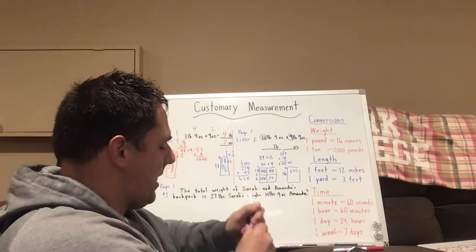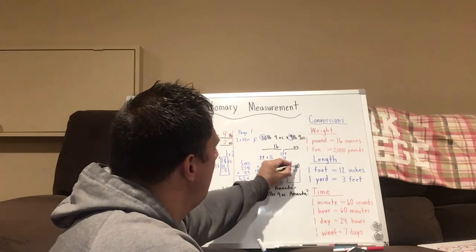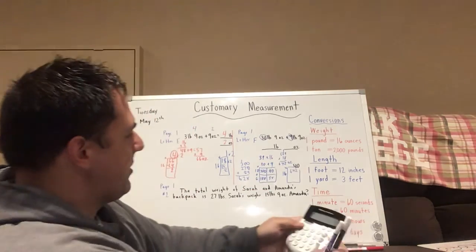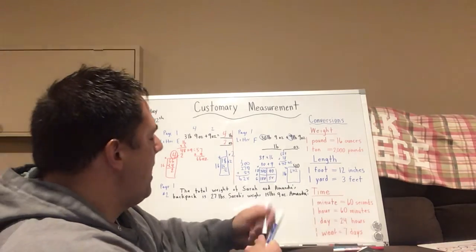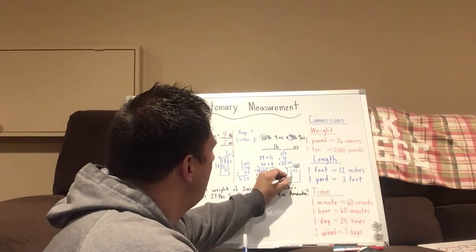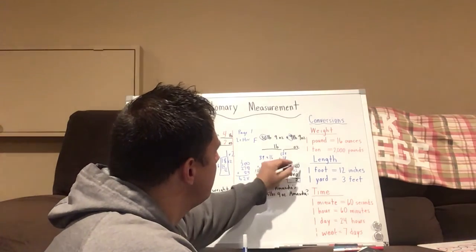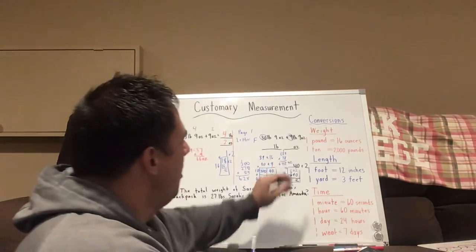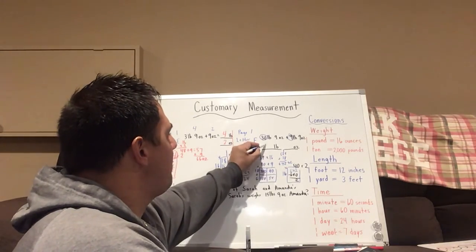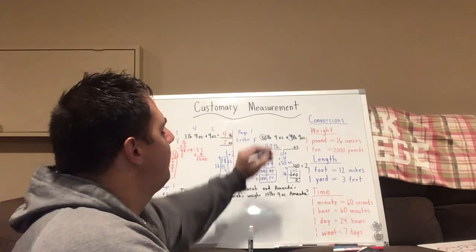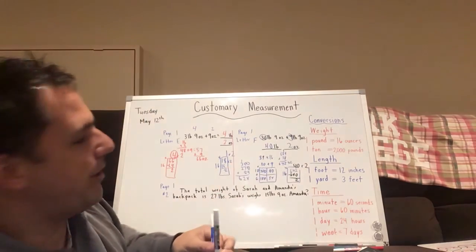It's the highest amount that I can put into it without going over. So I'll put my 40 up here. And now I'm just going to do 40 times 16, and that equals 640. And when I subtract, I'm left with 2. So that's my remainder. So again, my whole number out front would be the total amount of pounds there are, 40 pounds. My remainder would be the amount of ounces there are.